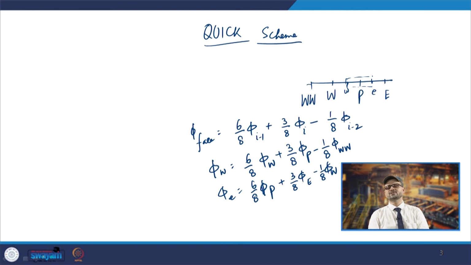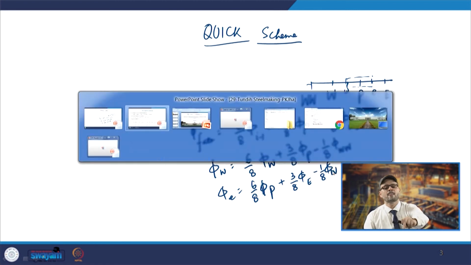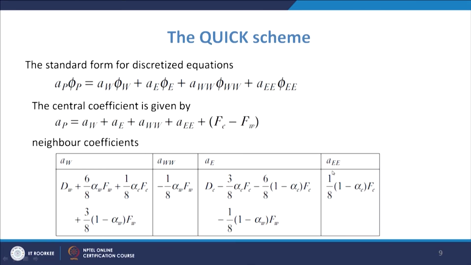This is also a higher order differencing scheme, which is used in many cases, and in this case the neighbor coefficients will be in terms of AWW and AE also, depending upon where you are trying to find, and accordingly you will have AW, AWW and AE. That is how it is computed in such cases.